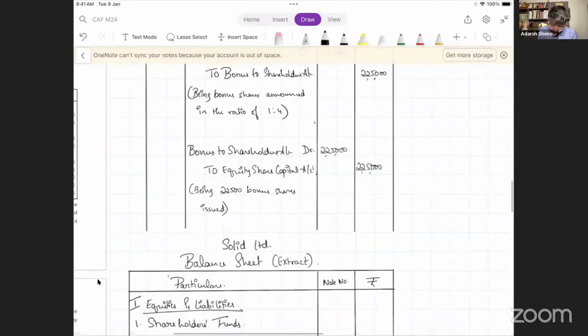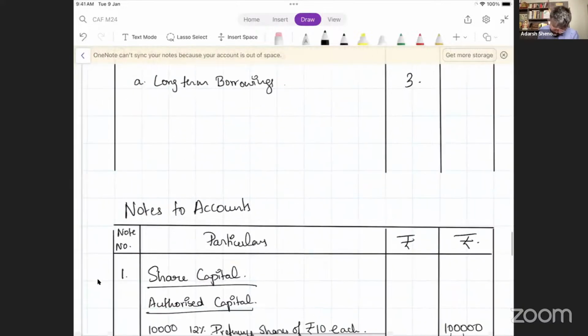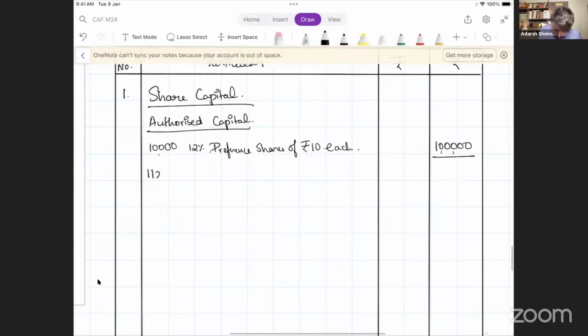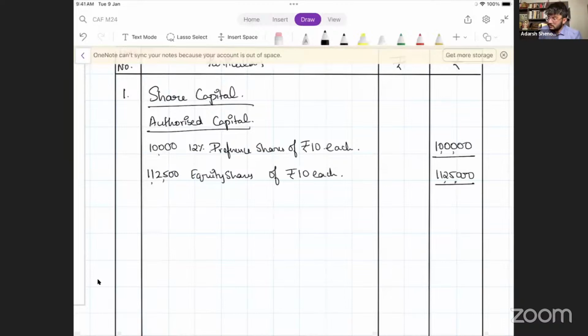So 11,25,000 now. Underline this. You can total it, but not required. You can just leave it here. Generally, we leave it here.